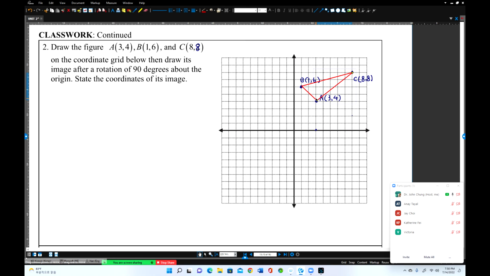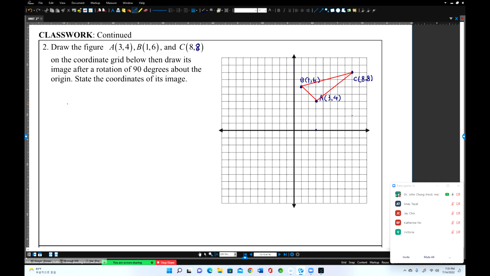That's it. So I'm gonna rotate this one clockwise 90 degree. You can make a graph, you can use a compass to make the graph, but it's hard. So we better use the rule for the rotation, right? The 90 degree rotation rule.